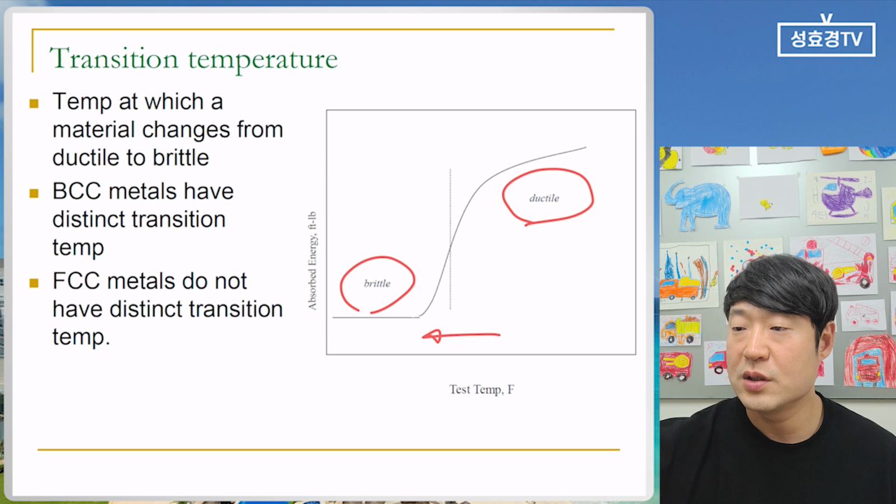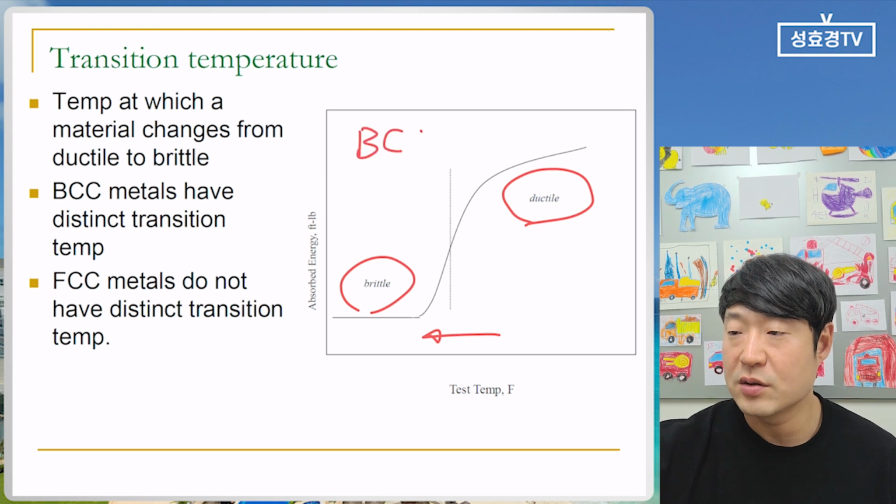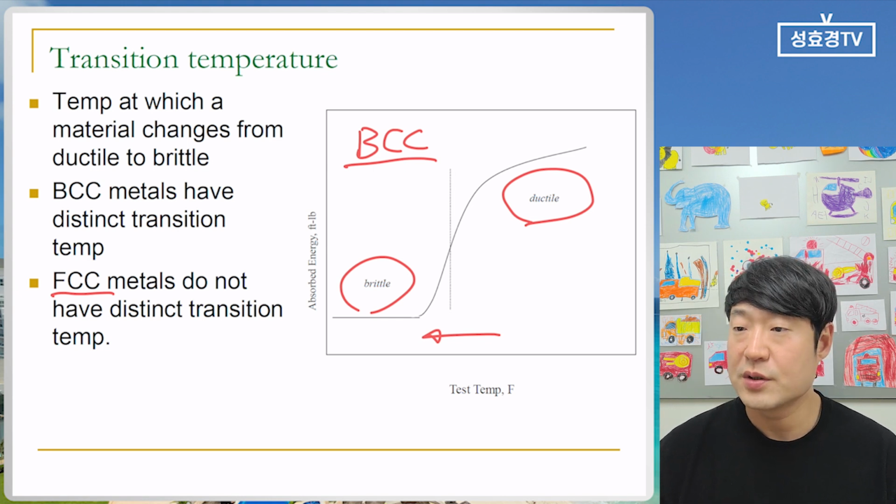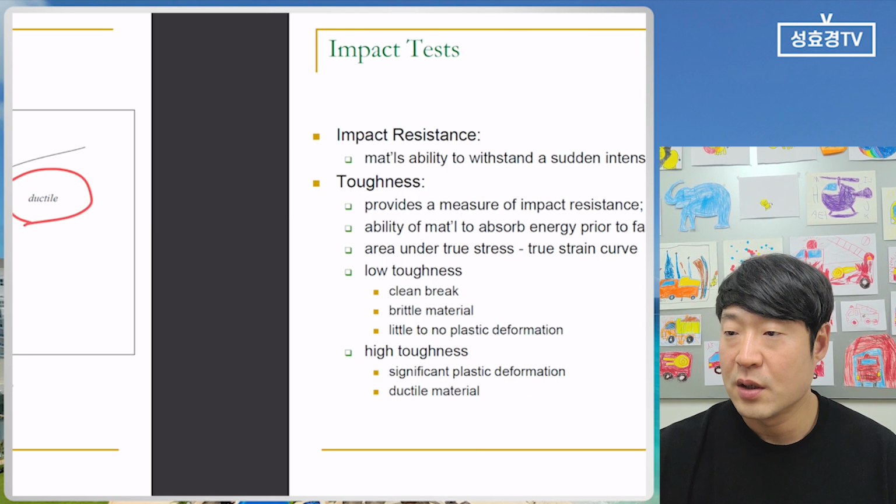Usually these behaviors are only shown in the BCC crystal structures. But as I told you, the FCC metals and the HCP do not have this kind of distinct transition temperature. So this is the transition temperature.